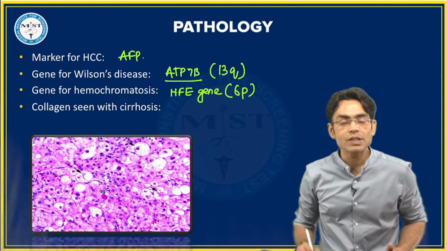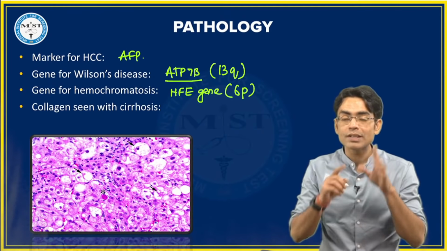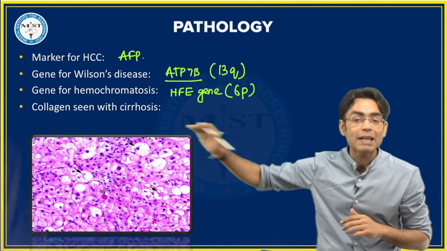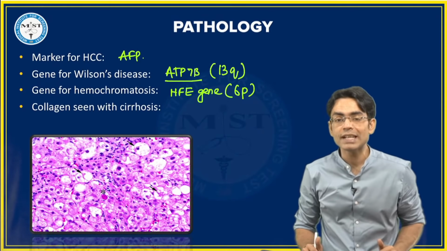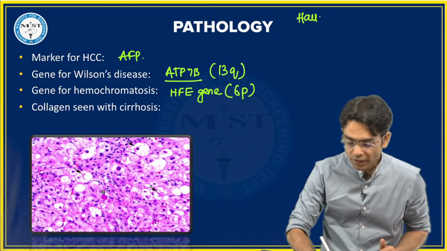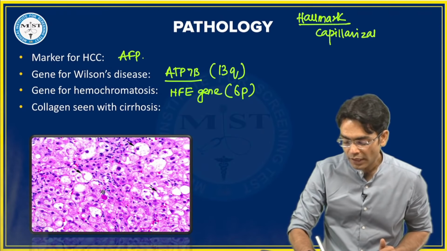So, collagen which is seen with cirrhosis. In cirrhosis, what happens? Normally, the sinusoids contain which type of collagen? Collagen 4. But what will be the type of collagen eventually you will be seeing in cirrhosis? What is the hallmark of cirrhosis? The hallmark of cirrhosis is capillarization of sinusoids.